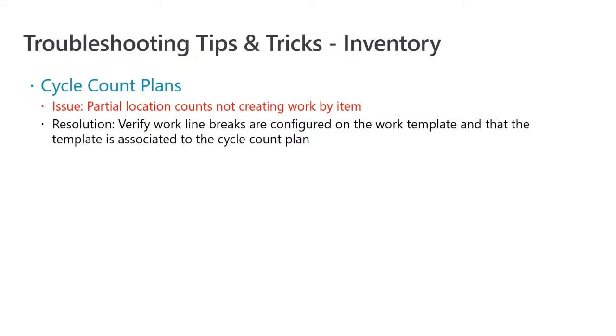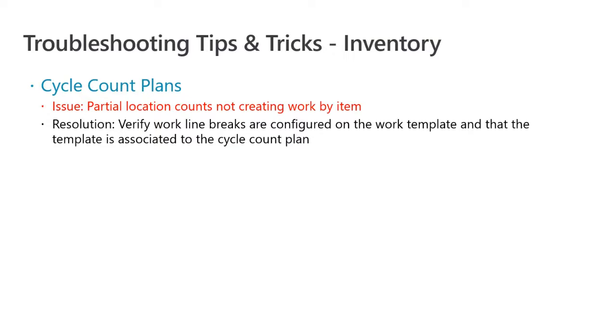So the first one we discussed was the cycle count plan, if you're trying to create those plans by item to count just a part of a multiple item location. So I might have items A, B, and C in location 1, 2, 3, and I only want to count item B instead of all of the location.